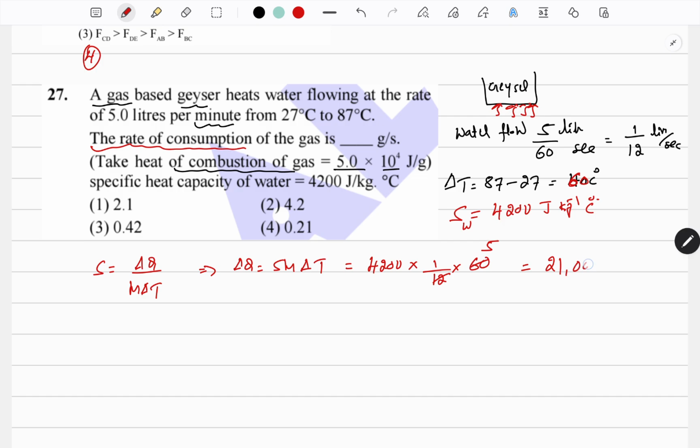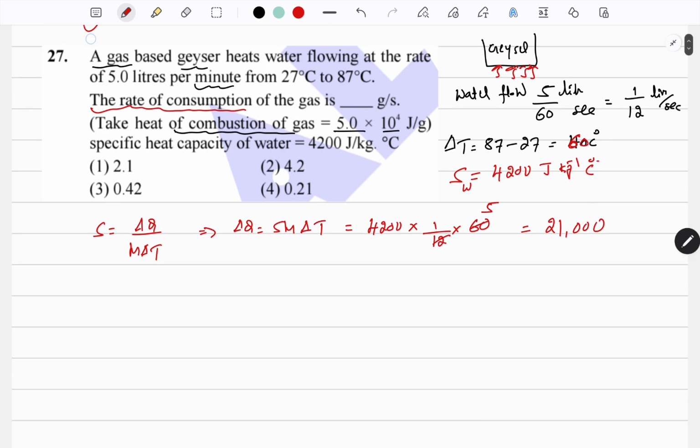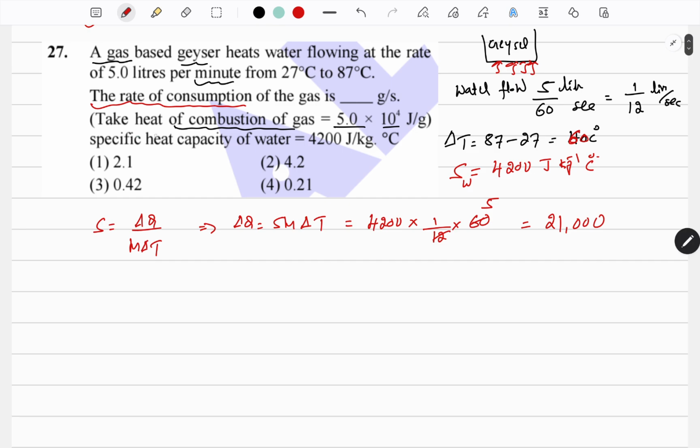So 21,000. Now one more given data is here, the heat of combustion of the gas. So let x be the consumption of the gas.